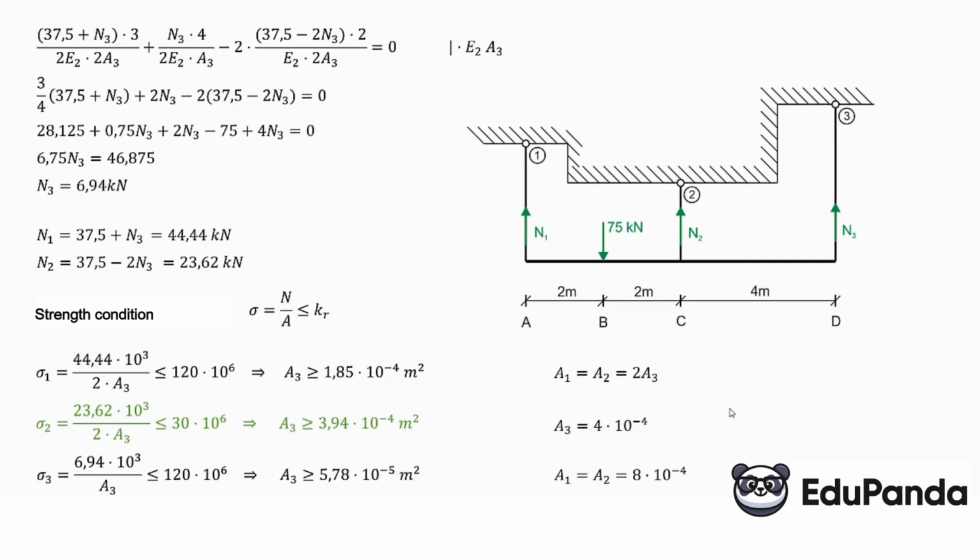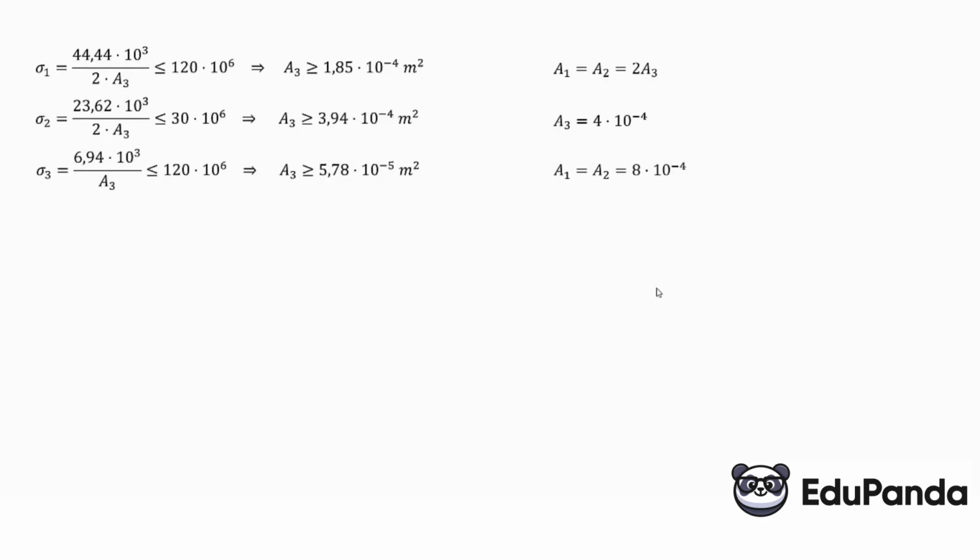Now we are approaching the end of the task. Having determined the areas of the cross-sections, we can now calculate the stresses in all the bars specifically. So we move on to the next slide with this. So the stresses in the first bar are the force in the bar 44.44 kN, that is times 10 to the third, divided by the determined area 2 times A3, that is 8 times 10 to the power of minus 4 square meters.